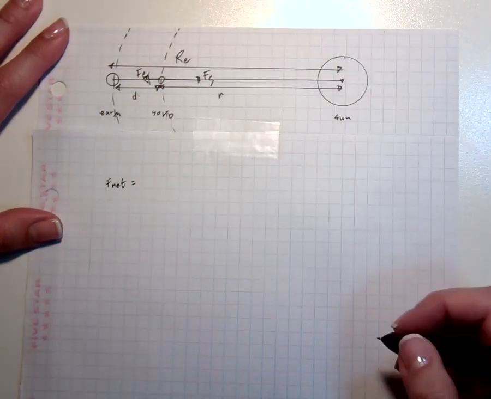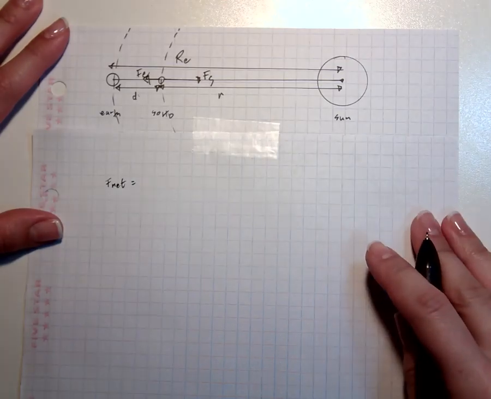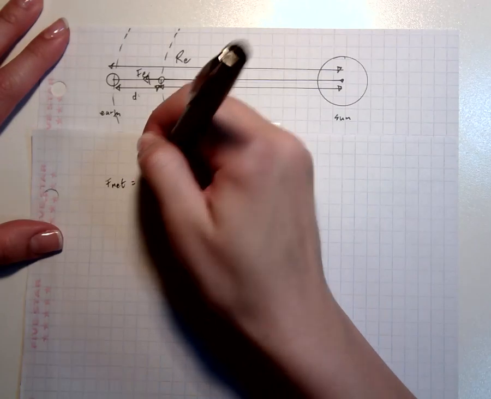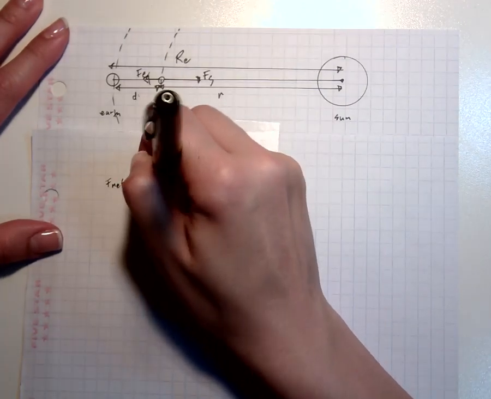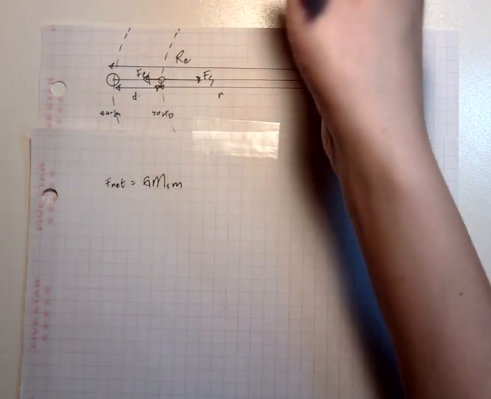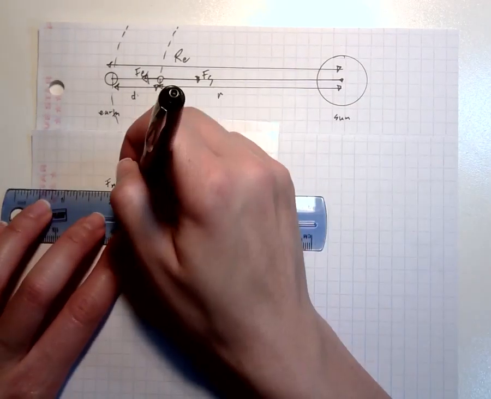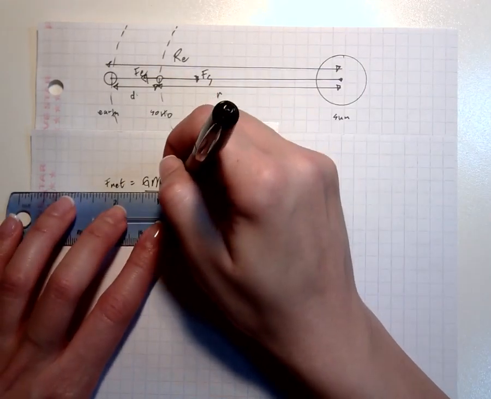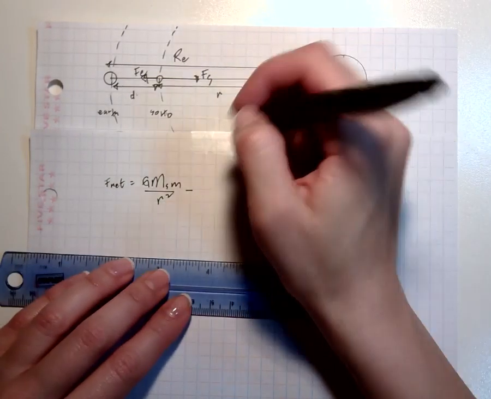So let's do that. The net force is equal to the vector sum of those two forces. So the first force, the force of the sun, G times the mass of the sun times the mass of the satellite divided by the distance squared. So we label that r squared. And then we'll subtract.